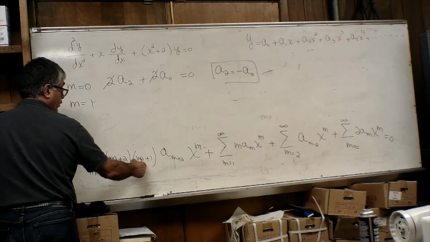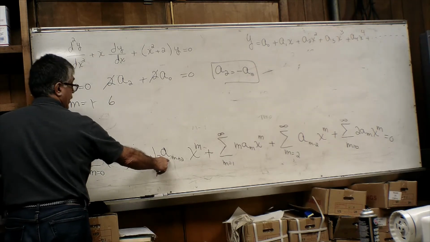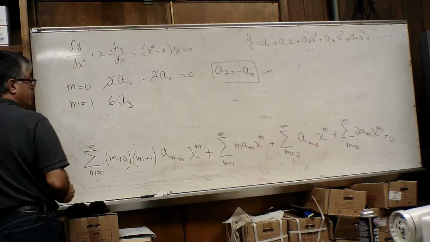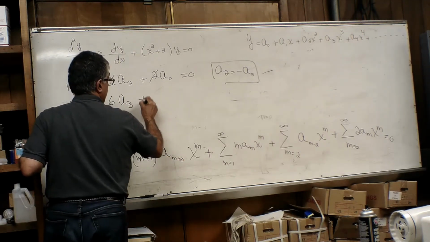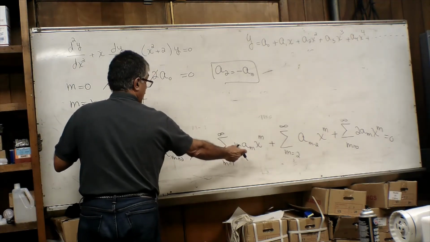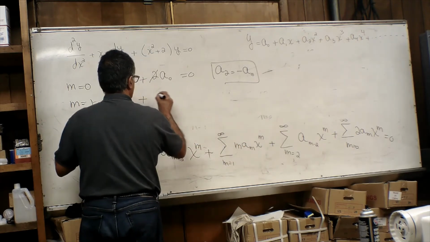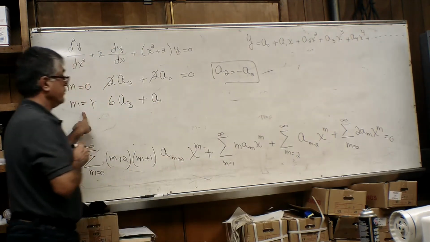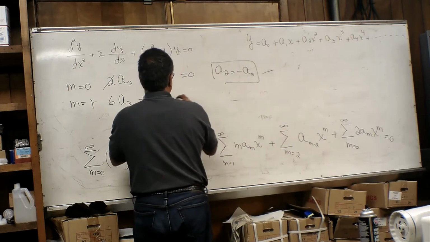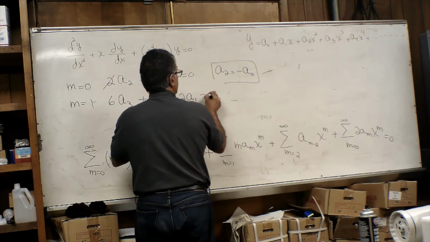So 3 multiplied by 2 will be 6, a3, plus, m is 1, so we are going to have a1, so plus a1, and in the last one, we are going to have plus 2a1 equal to 0.